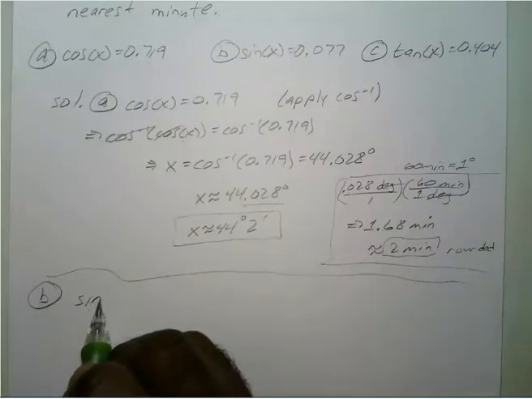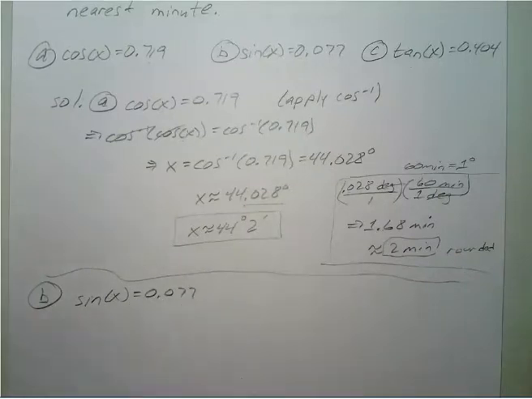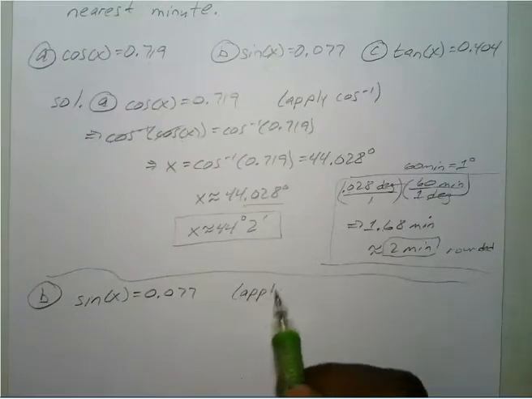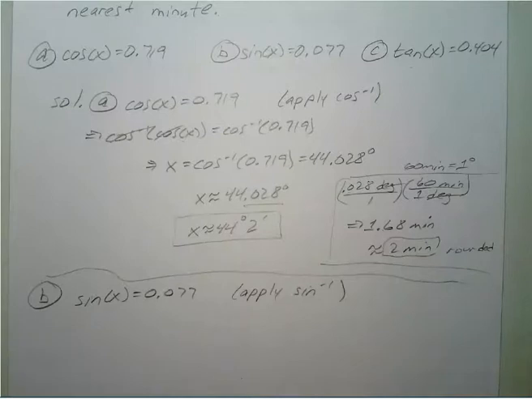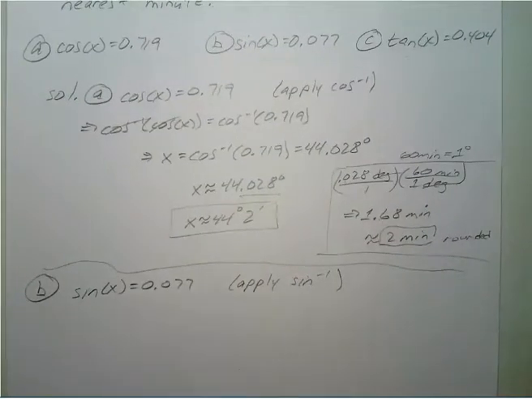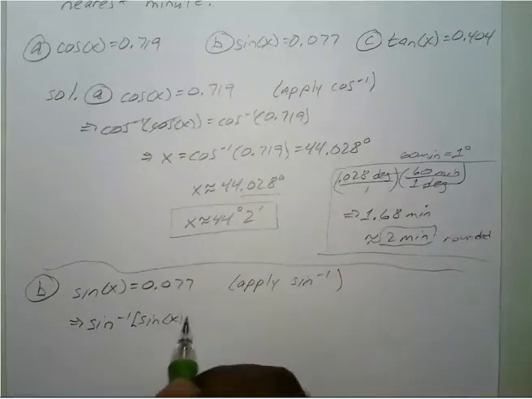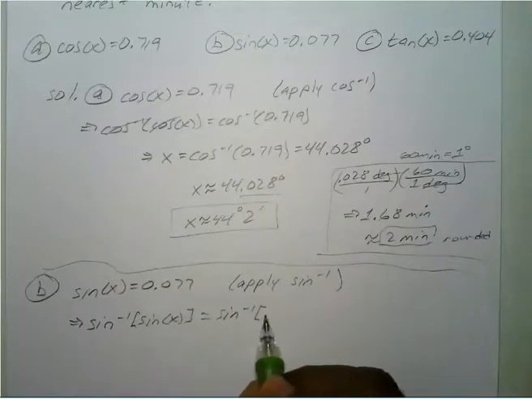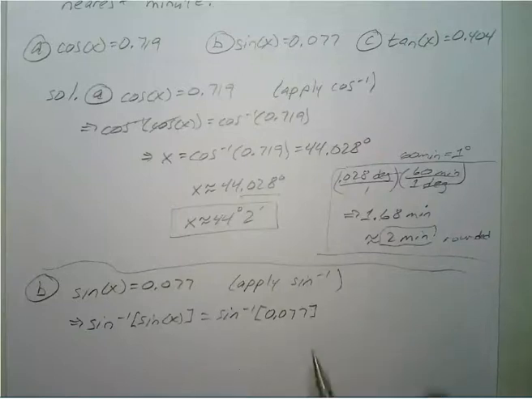Okay, we have sine of x is equal to 0.077. So we're going to apply sine inverse to both sides. Okay, so you have sine inverse of sine of x equals sine inverse of 0.077.